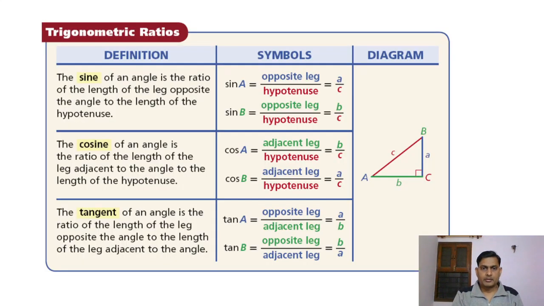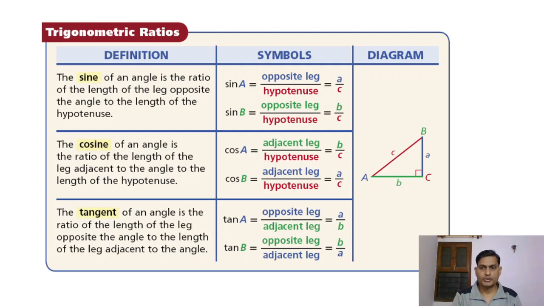So now we can go for definitions of sine, cos and tan. Let us see a right angle triangle ABC, of which sides are represented by small a, small b and small c.